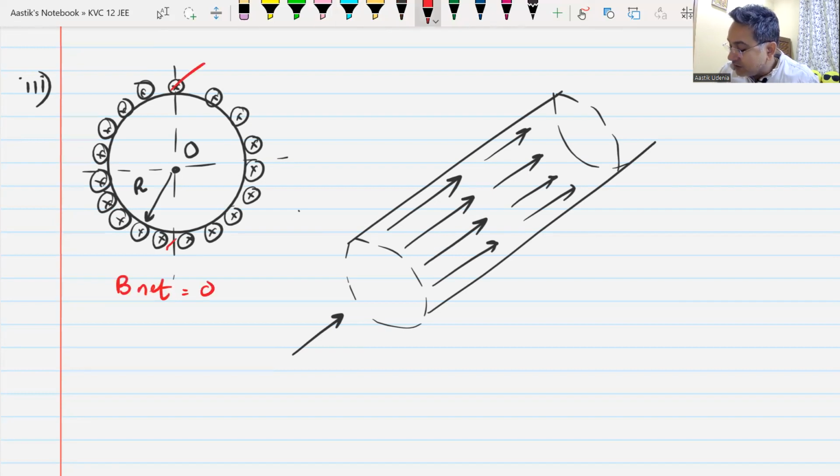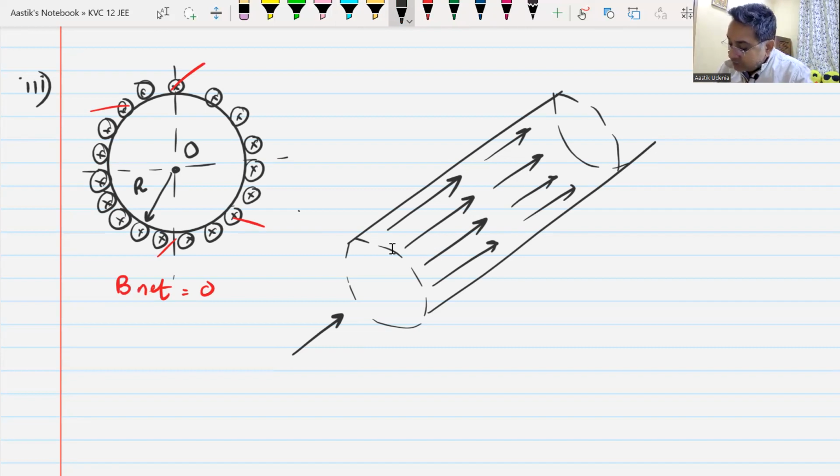This wire will cancel out this wire, and all those. Do we understand this, yes or no? Pakka sir? Yes, sir. Have you drawn this, everyone?